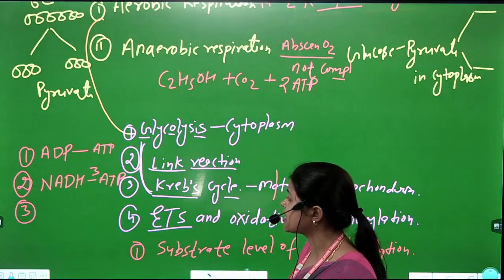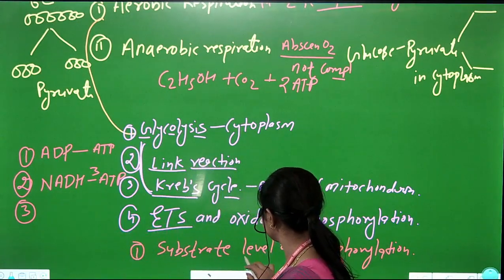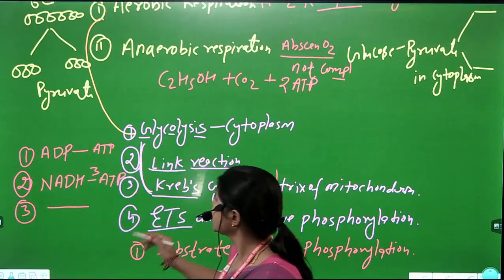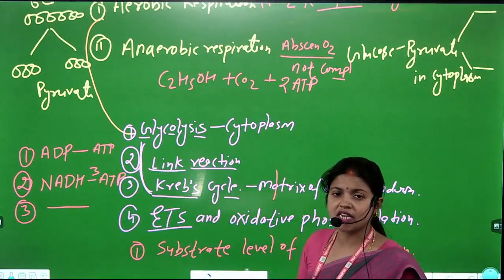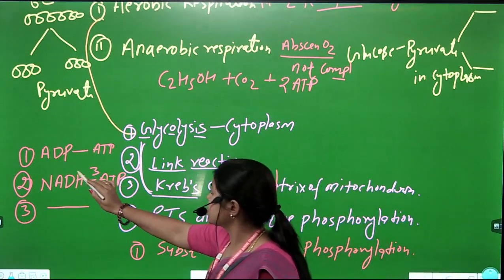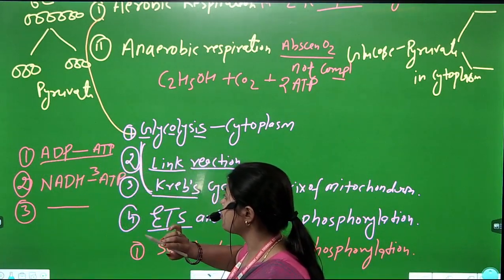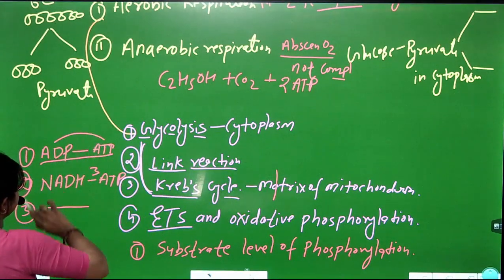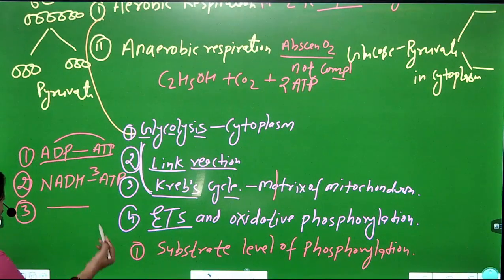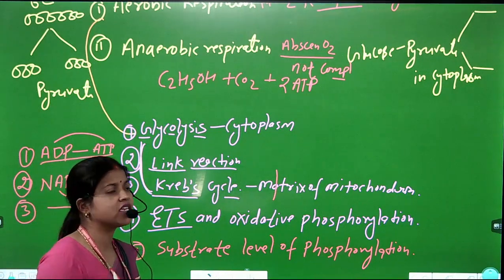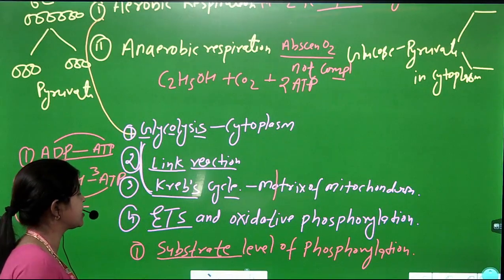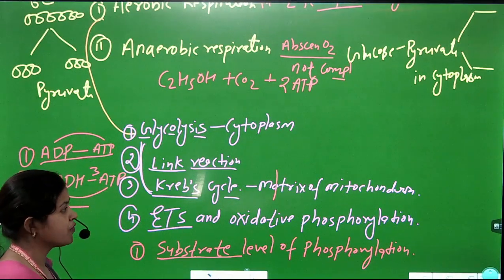So in aerobic respiration there are 3 ways by which ATP is formed: from ADP, from NADH where one NADH gives 3 ATP, and direct ATP formation, called substrate level phosphorylation.